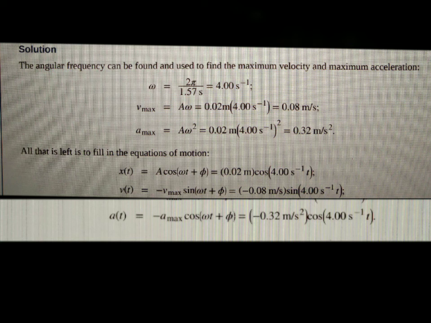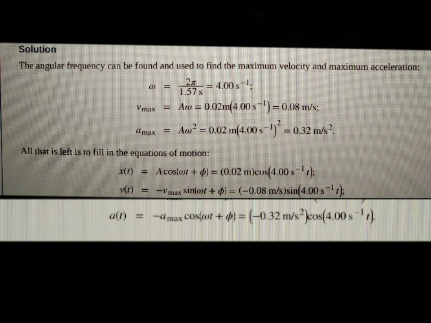So x of t is equal to A cos, open parenthesis, the angular frequency times time plus the phase shift, which is equal to 0.02 meter times cos of 4.00 s to the negative 1 times t.